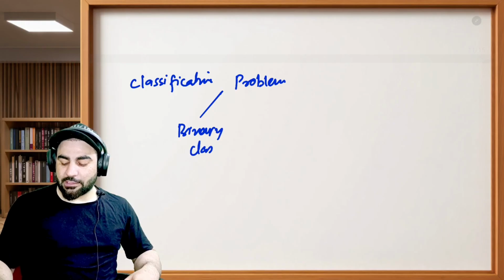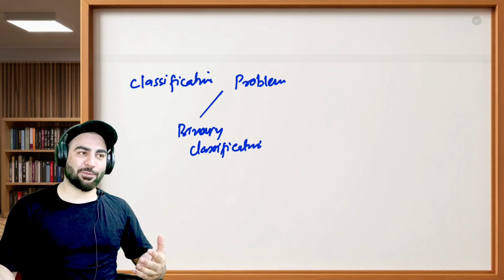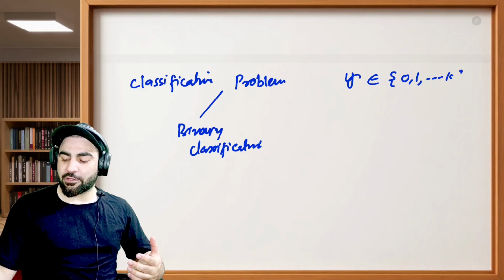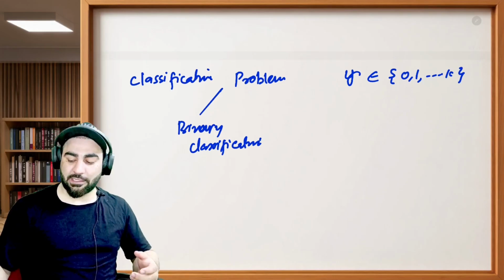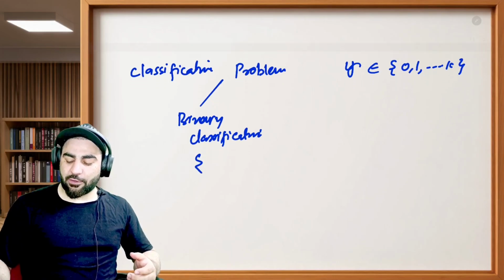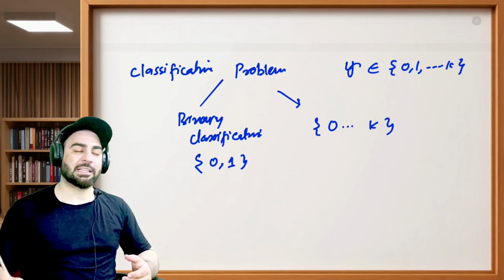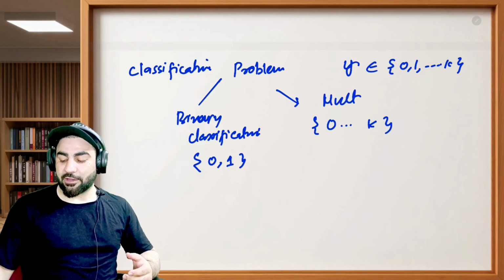I can also write mathematically what a classification problem is. Whatever labels you have, these labels can take values 0, 1 till some k. They can take some discrete values in the classes. Binary classification is where you can take two values, 0 or 1, and multi-class classification is where you can take 0 to k, some k classes.